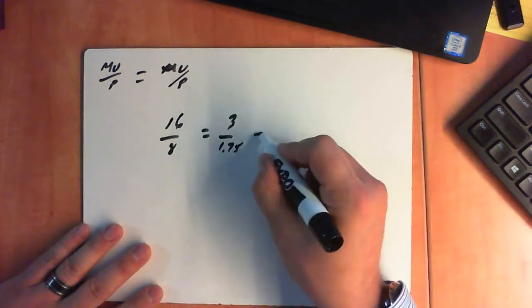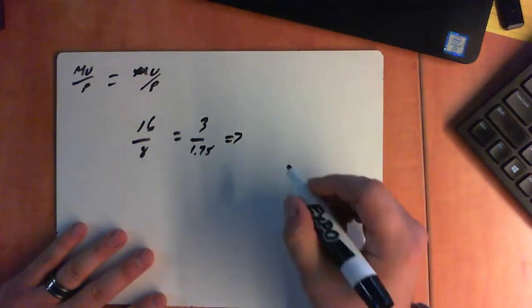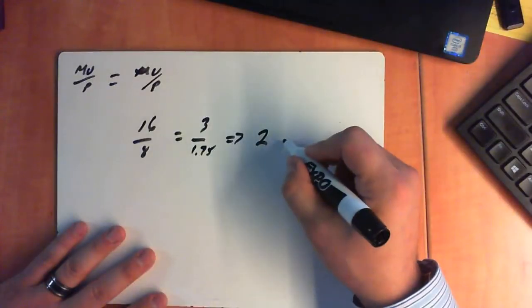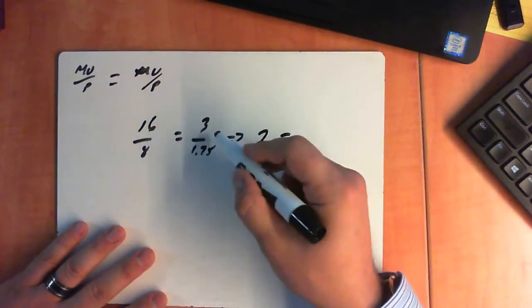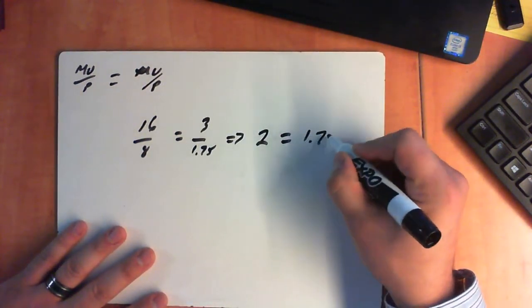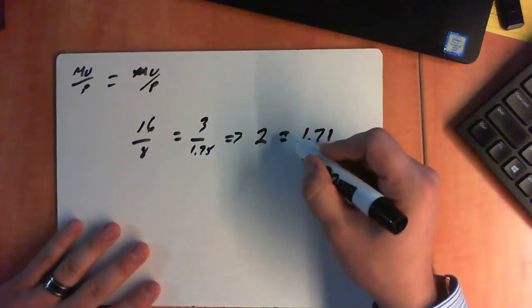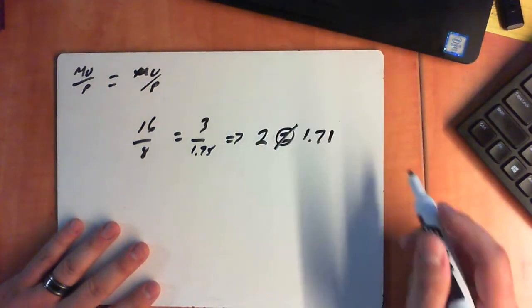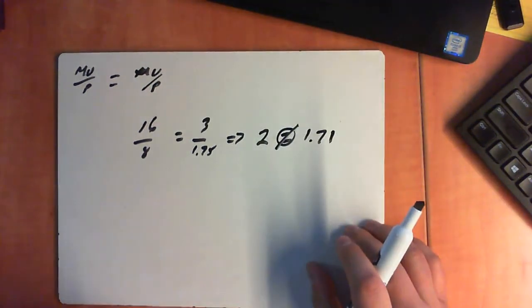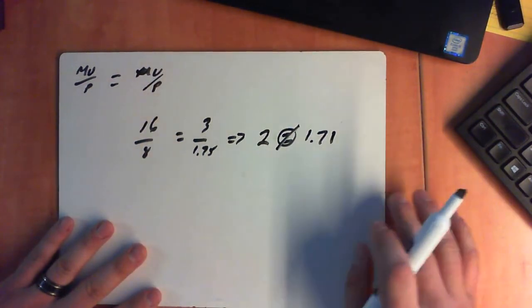Well, let's actually calculate this out. 16 divided by 8 is equal to 2, and it should be equal to 3 divided by 1.75, which equals 1.71. Well, you can see that these two are not equal, right? So you can say, therefore, that you are not maximizing your total utility.